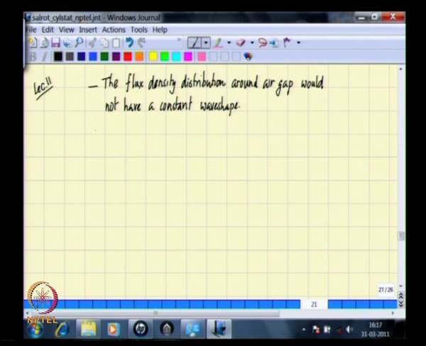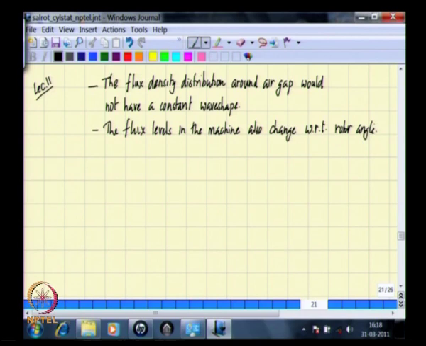And because of this, in addition, we could say that the flux levels in the machine also change with respect to rotor angle.